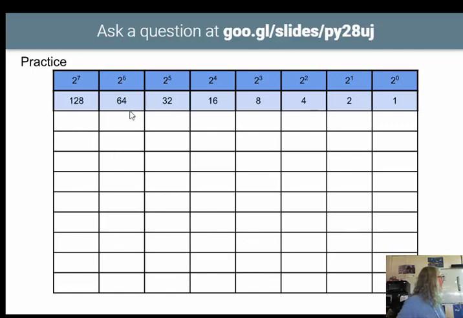So if I put a 1 in this column, and a 0 in this column, and a 1 in this column, and a 0 in this column, and a 1 in this column, a 0 in this column, and a 1 in this column. That binary number is 1010101. And I want you to tell me what the decimal equivalent of that number is.